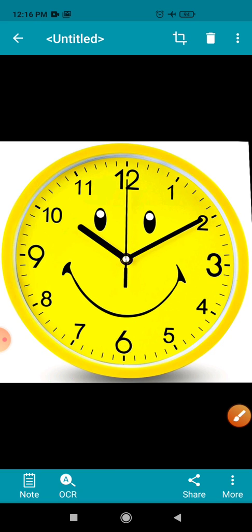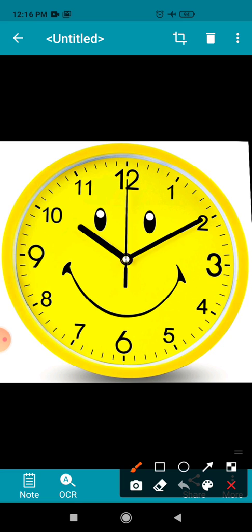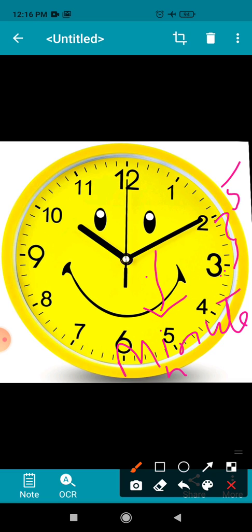Now let us talk about the long hand of the clock. Children, the long hand of the clock is known as the minute hand, and it takes 5 minutes to go from one number to the next number. It means from 2 to 3 it will take 5 minutes, right? And 3 to 4 the next 5 minutes.